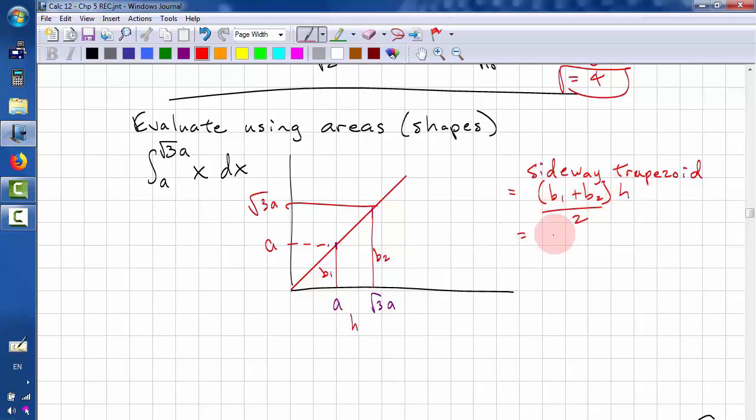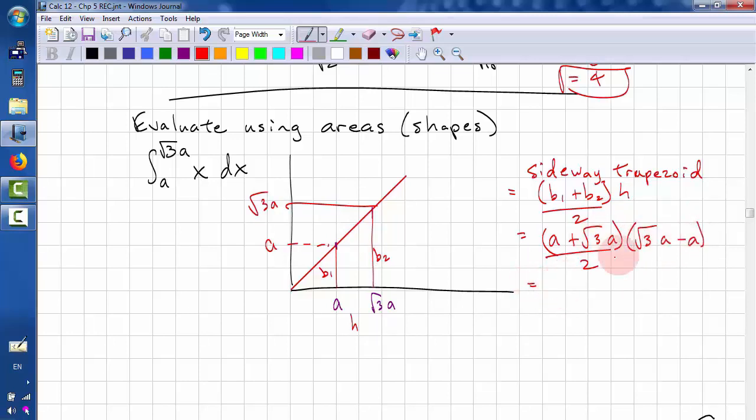So we have a plus √3a over 2, and we're multiplying by the height. So this is √3a minus a. And we have to FOIL this.